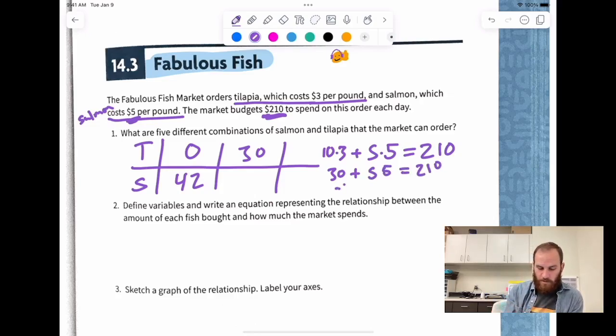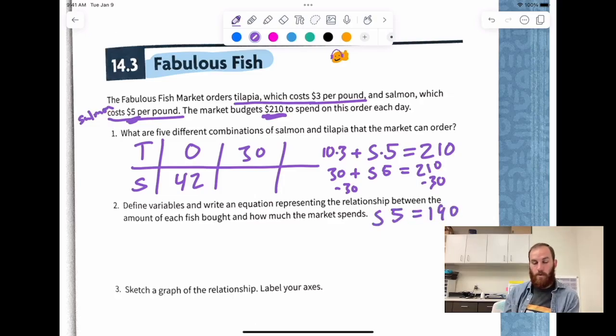What I probably want to do is subtract 30 from 210. Now we've got our pounds of salmon times 5 is going to equal 180. We just made this problem not too difficult, right? All we need to do is divide 190 by 5. And it'll be 40. No, it won't. It'll be 38.